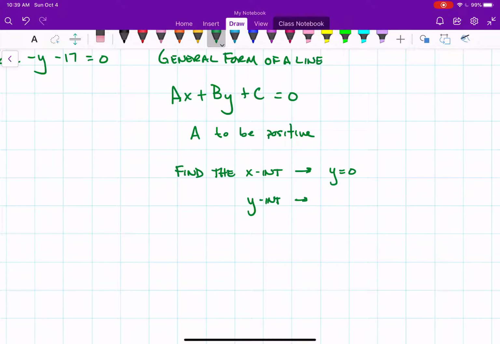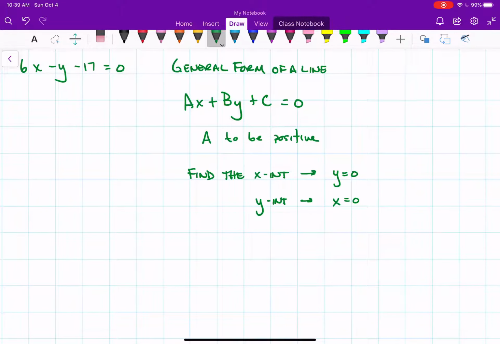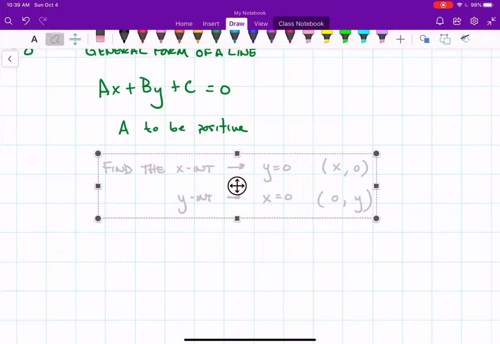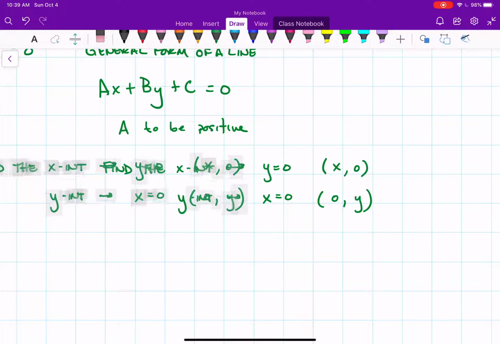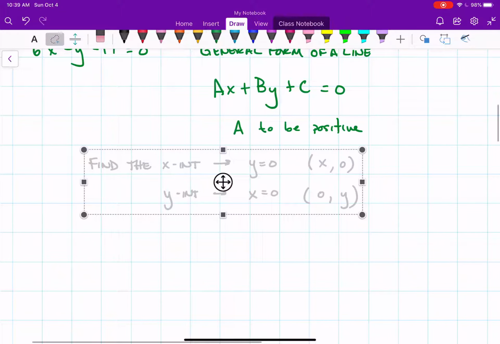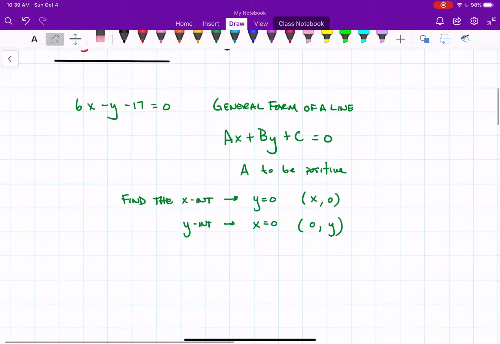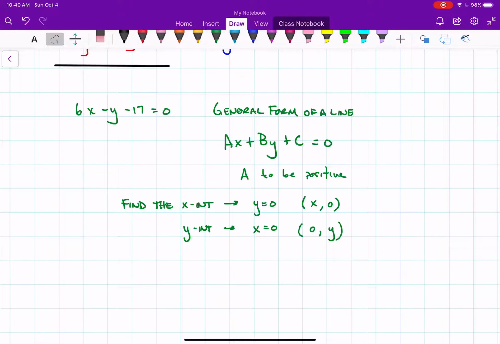At the y-intercept, x equals 0, so you replace the x with 0 and solve for y. Then you'll have your two points, which would be x, comma, 0, and 0, comma, y. So let's bring this over to the left a little bit so that it can fit on the page. Typically that's the way they would want you to solve if they were to give you the general form of a line.